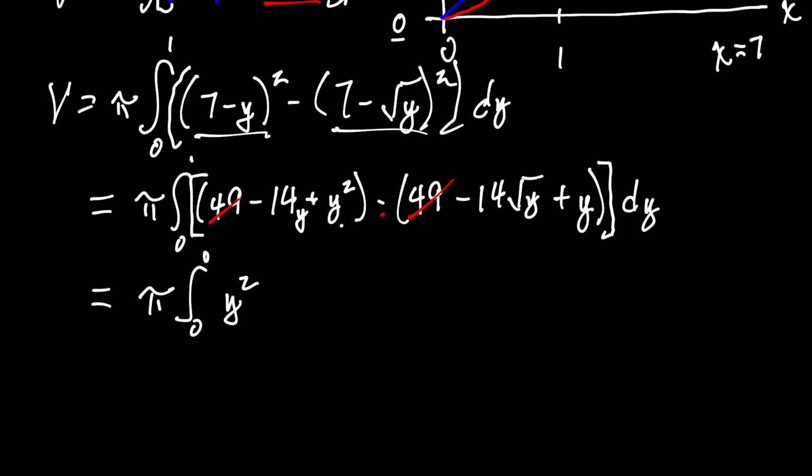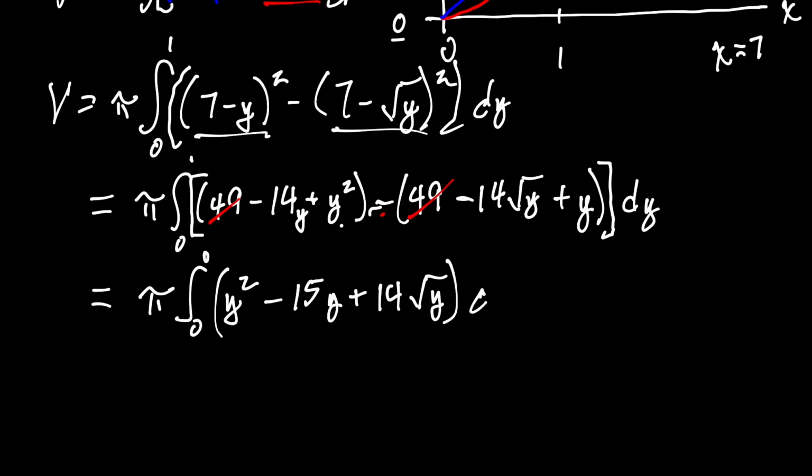So it's negative 14 minus y, which is negative 15y. And then last but not least, we have our plus, because minus times minus is plus 14 times the square root of y. And that is a positive.